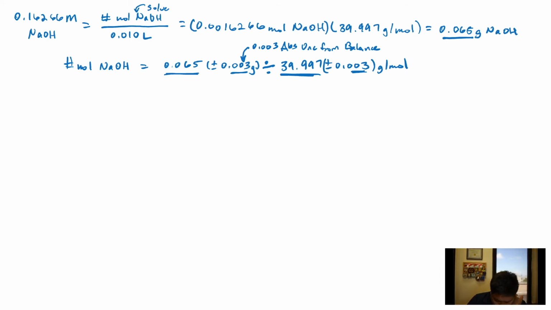We already have the number of moles, which is right here, that we calculated earlier. Now we just need to calculate the uncertainty involved in the number of moles. So at this point, convert to relative uncertainties.